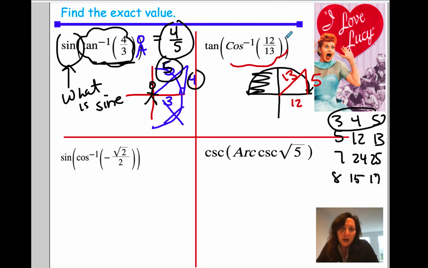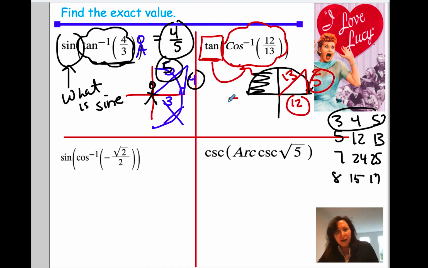And so where is cosine 12 over 13? Well, it's right here. So once you're here, this is asking you to find tangent of where you are. So what is tangent? Tangent's opposite over adjacent. So my answer would just be 5 over 12.